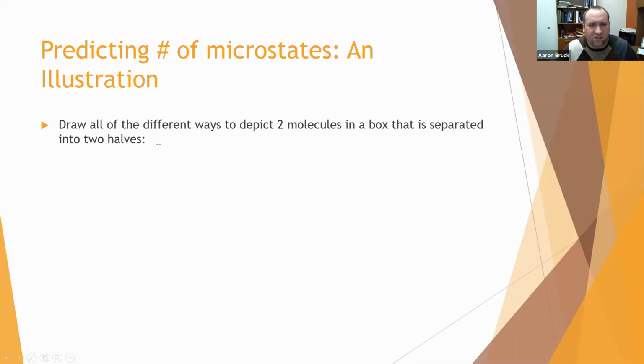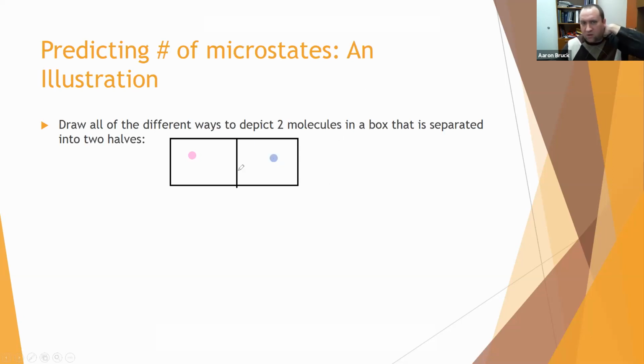But let's imagine that we've got a box. And inside of that box, I've got 2 molecules. I'm going to color one of them pink and one of them blue.